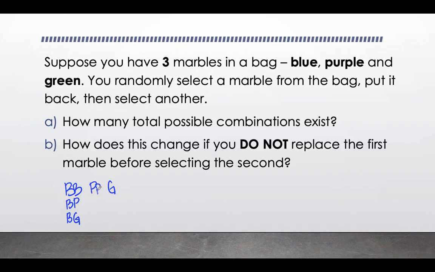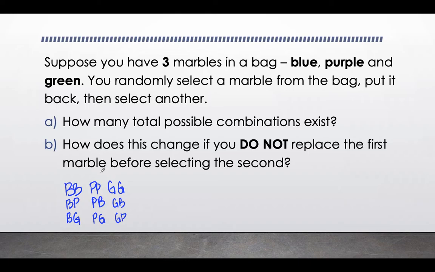I could also pick a purple and then a purple, a purple and then a blue, or a purple and a green. I could pick a green and a green, a green and a blue, or a green and then a purple. That is 9 possible combinations.